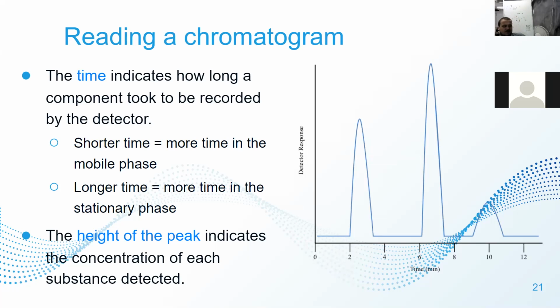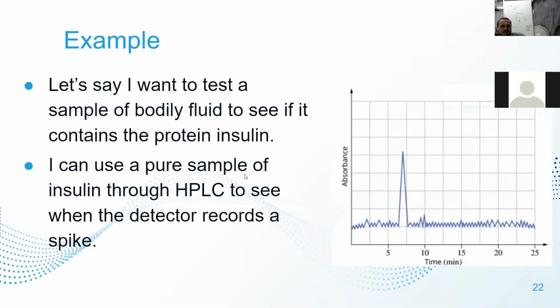It's a very, very simple concept. Shorter time, it spent more time dissolved. Longer time, it spent more time stuck on the column. So here, if your chromatogram looks like this, you've done it terribly.